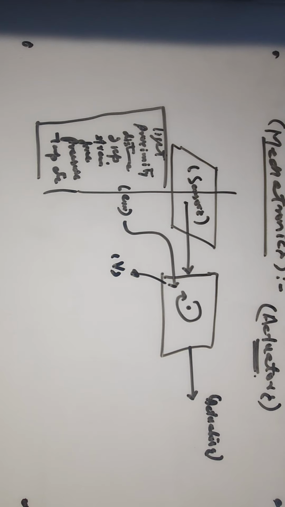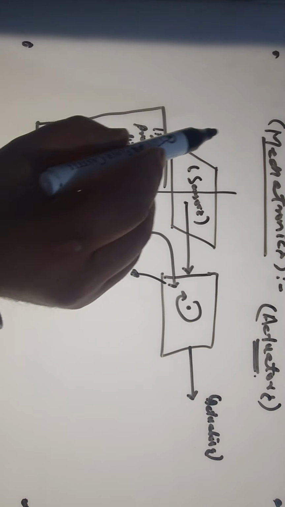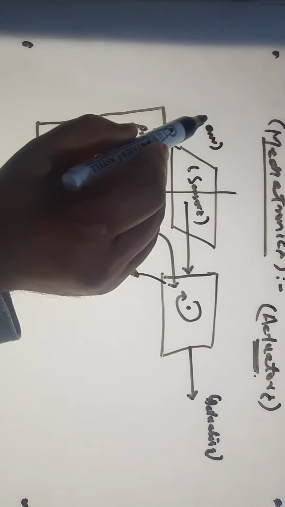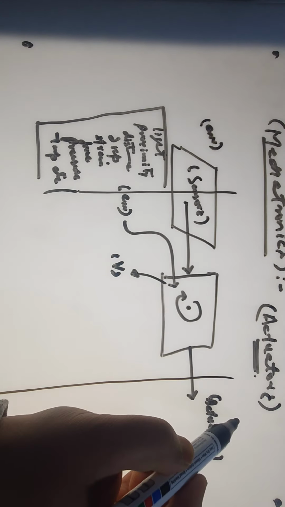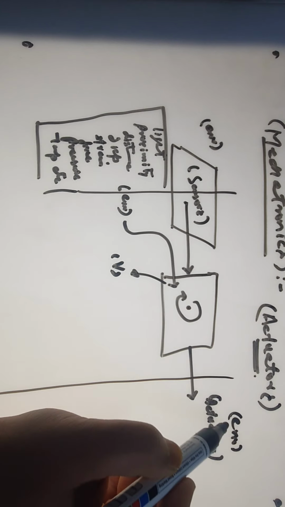But when the mechatronic system works, it has to change and get back to the thing called environment, because we have environment on both sides. So we have environment on this side, and we have environment on this side also.